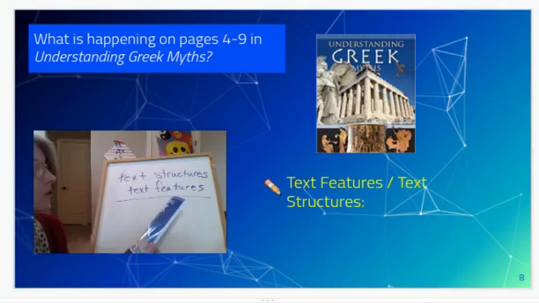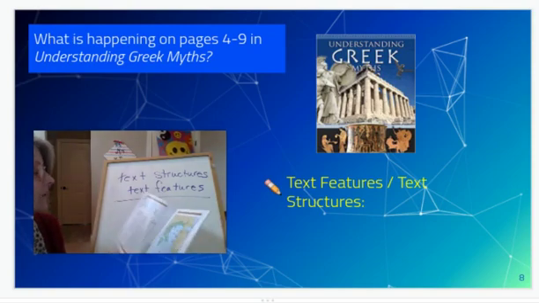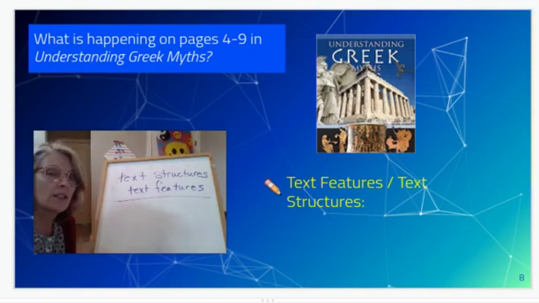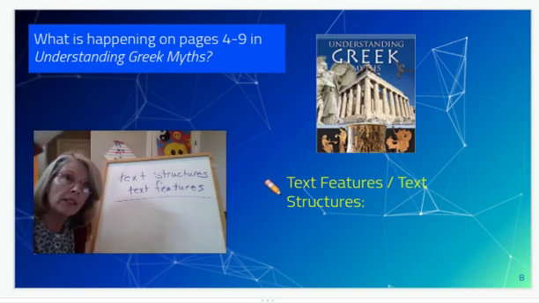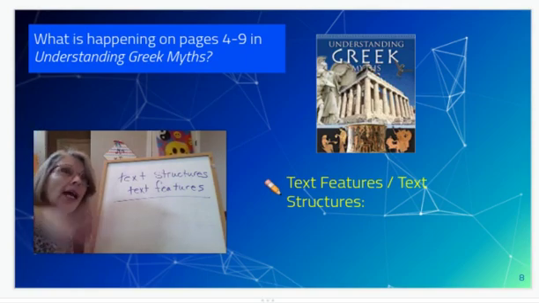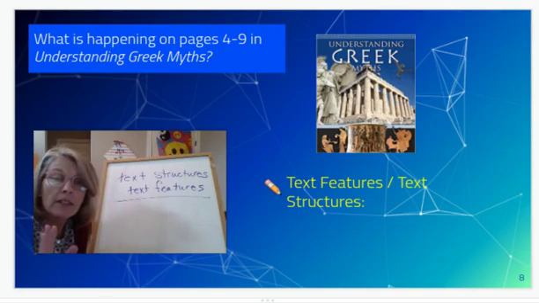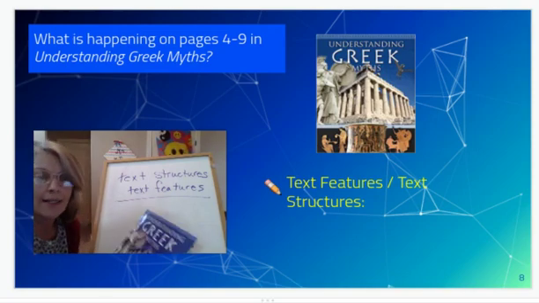And so, what you're going to find in here are the text structures, text features that we've talked about. Now, think about our wall up above the window where we have all of those text features. Where we had the captions and the headings and the titles and the maps and all of those things that you'd find in nonfiction. That's what we're going to see here.